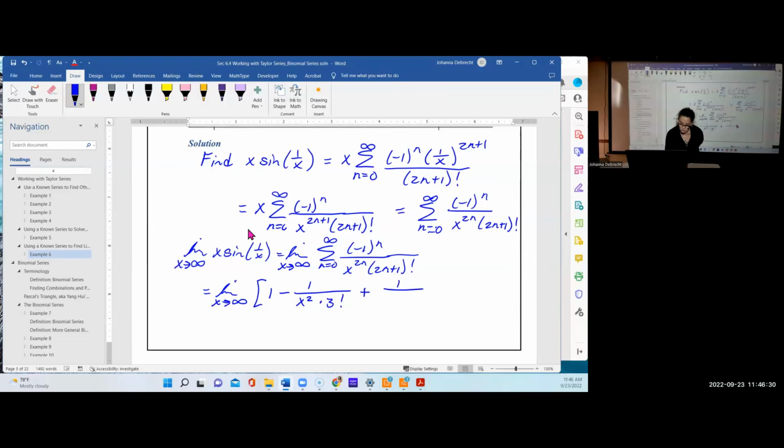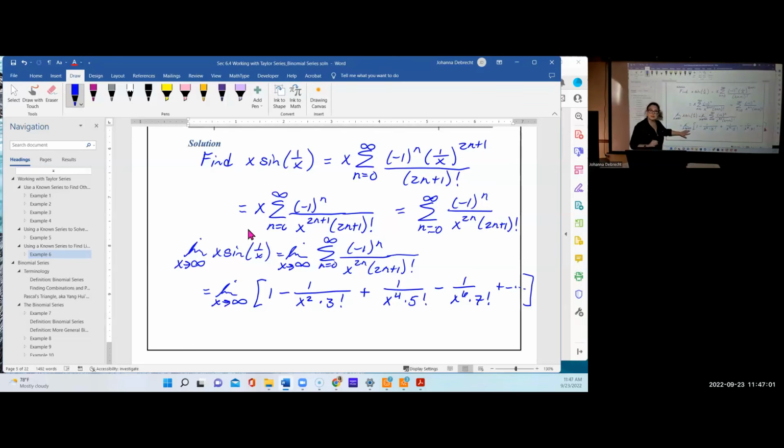Basically x to the 2n is always going to give me an even exponent, and this 2n plus 1 is always going to give me an odd value, which is 1 in addition to whatever that even power was. So the next one's going to be x to the 4th times 5 factorial. And then I can go one more, 1 over x to the 6th times 7 factorial, plus minus dot, dot, dot. Okay, so it continues in that pattern.